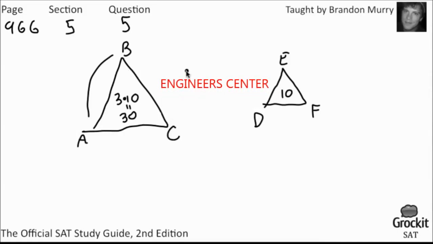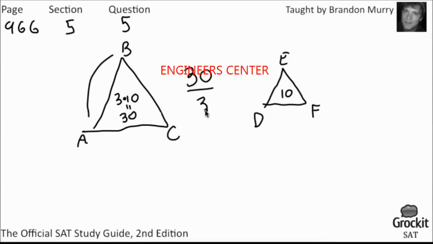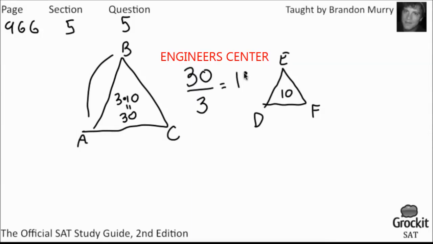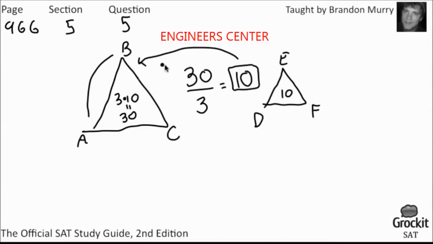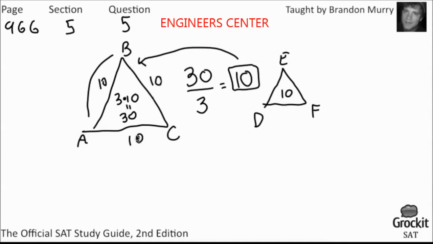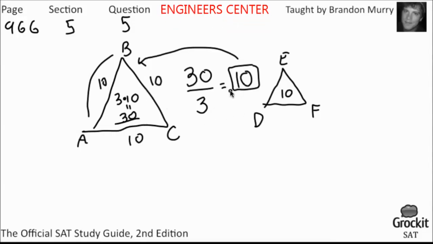So to find one side, we'll take the perimeter and divide by 3, because there's 3 even sides. So what do we get? 30 divided by 3 is equal to 10. So sides BC, AC, and AB are all 10. Perimeter is 10 plus 10 plus 10 is 30. That works out so that we know we have the right answer. 10 is answer choice letter B.